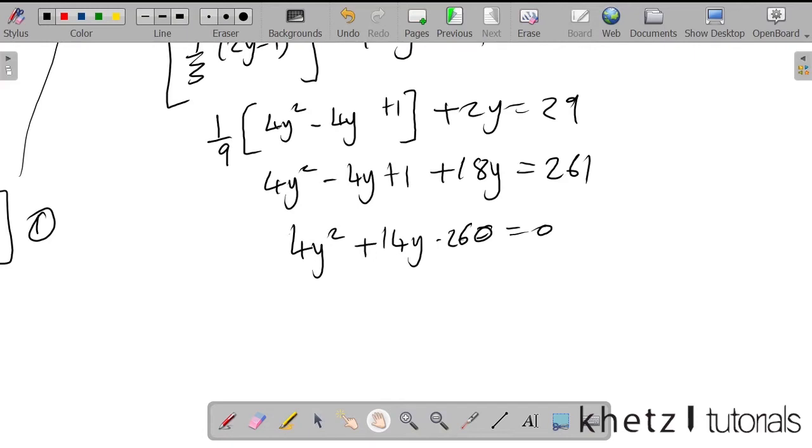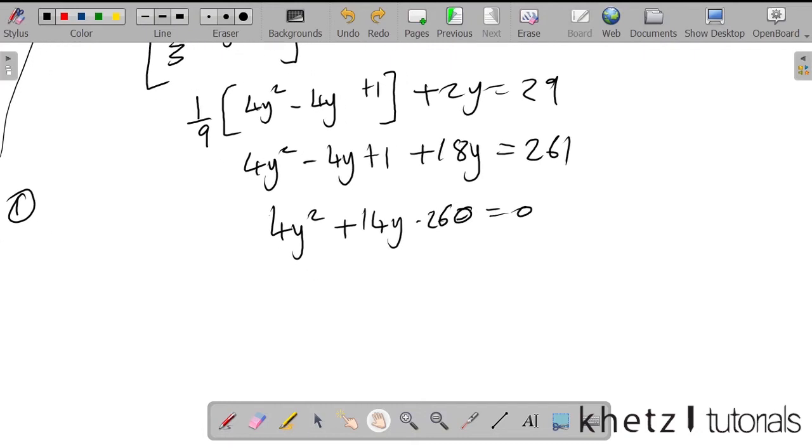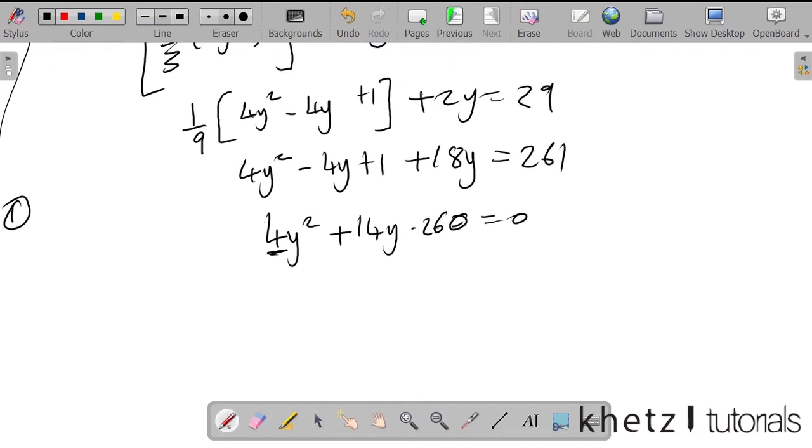So we want the factors of 4. If you remember how I computed the factorization of quadratic equations, or how I taught that in the previous video, we want the factors of 4 multiplied by 260, that will give us 14 if we add them. So we want 4 multiplied by negative 260 is what we are aiming for.